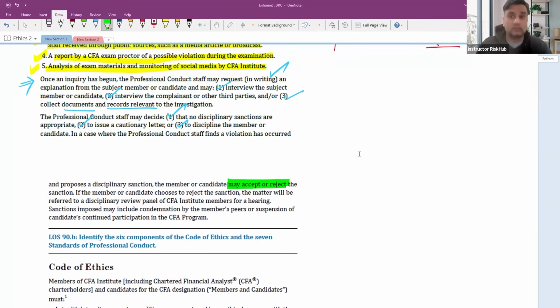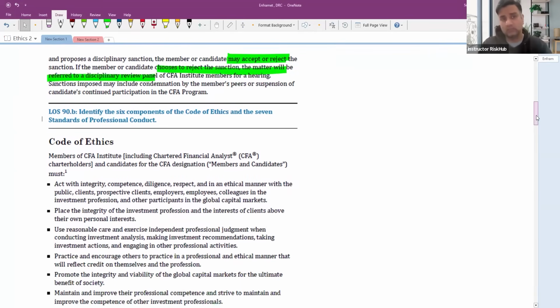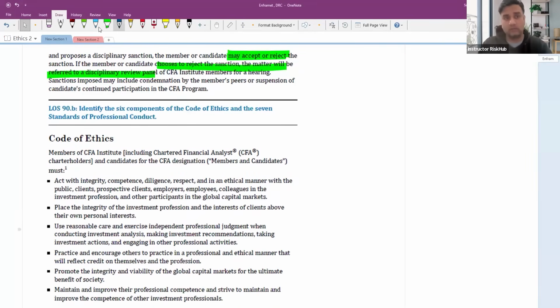If you reject, it goes to the DRC, Disciplinary Review Committee, hearing panel, and it's very relevant for the exam. They ask you, right? So if the member chooses to reject, the matter will be referred to the Disciplinary Review Panel. Okay, you have to understand these final points. Right? This is ethics, where each line is very important to keep in mind.